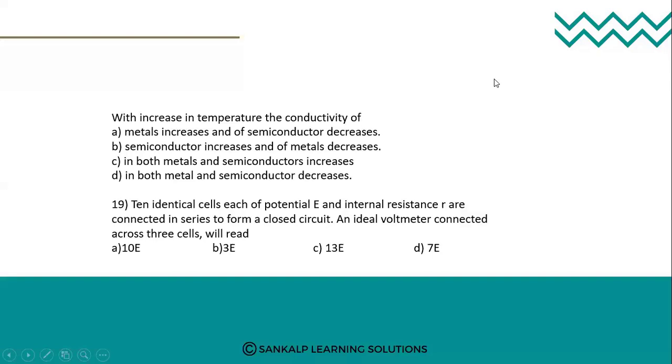So conductivity is equal to the reciprocal of resistivity, and resistivity is related to resistance. We can just assume it because resistivity is defined as resistance per unit length per unit area of cross section.